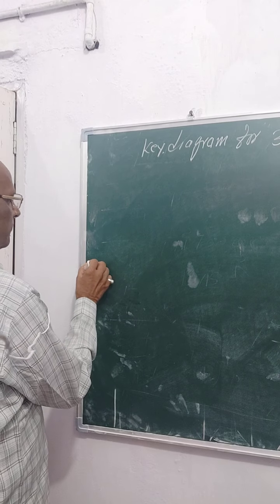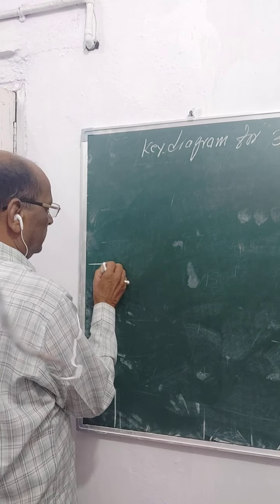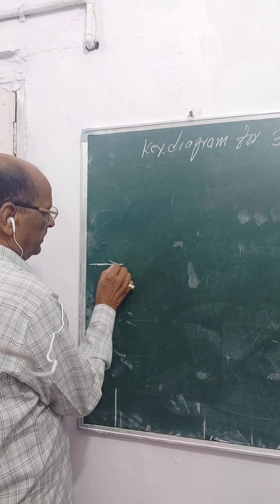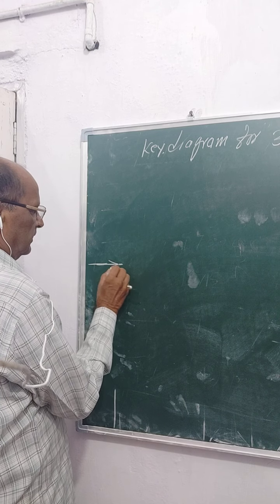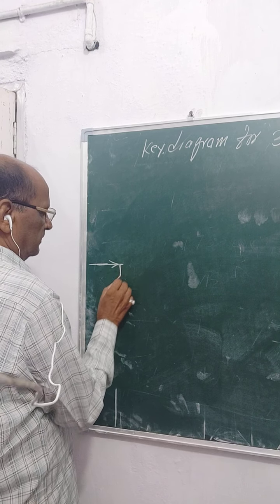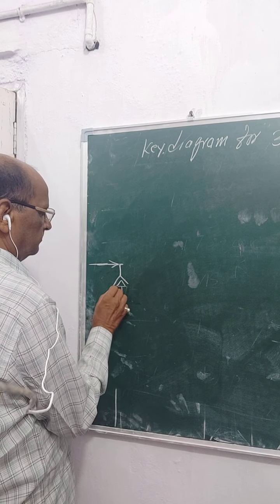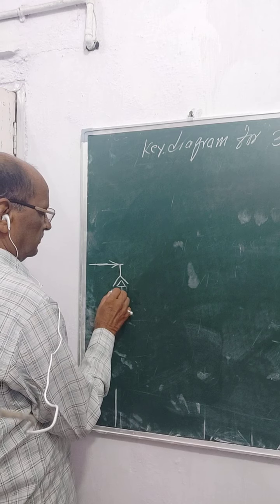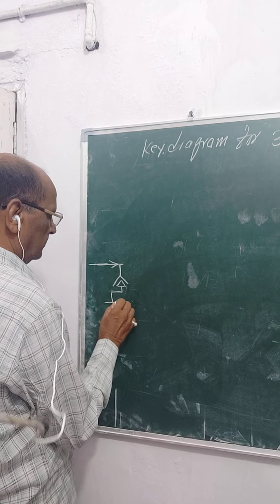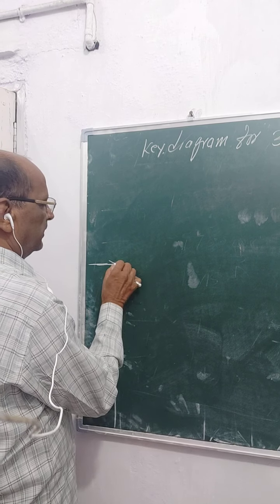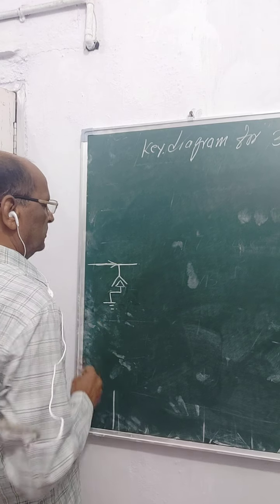So from the start, this is the incoming feeder, which has a lightning arrestor at the beginning to protect against entry of lightning strokes into the substation.